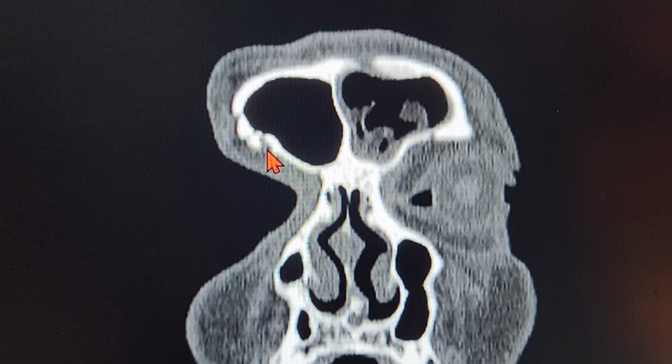Then you can see there are multiple breaks over here on the anterior lateral wall of the frontal sinus. You can see there's deficient bone over here. There's no bone in the superior area of the left side frontal sinus, and you can see still some mucosal collection, hypertrophy over here.